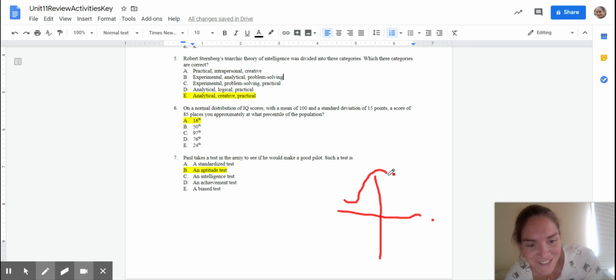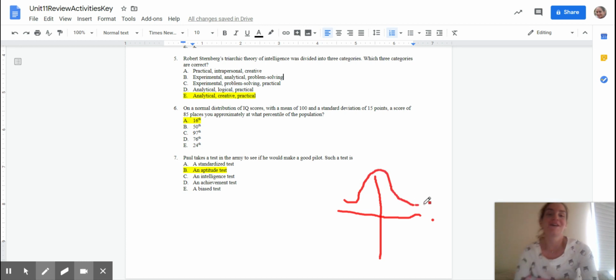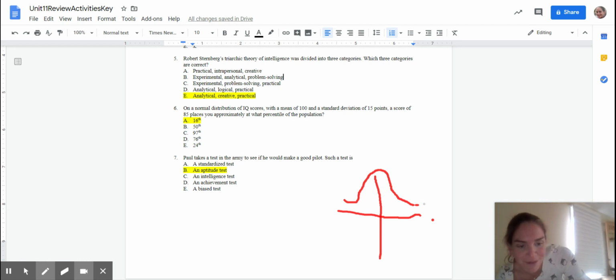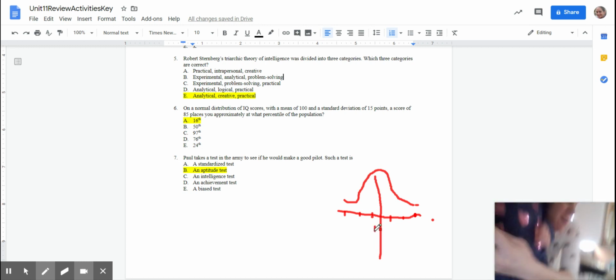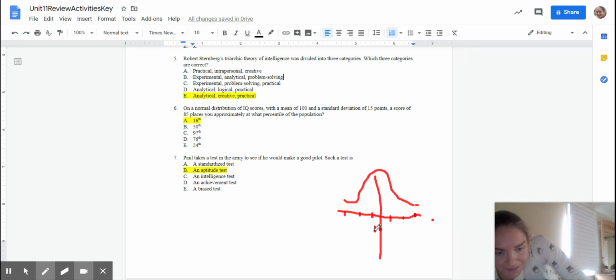Okay, here's the normal curve of intelligence. You've got 3 standard deviations in each direction. So we know that this would be 100.